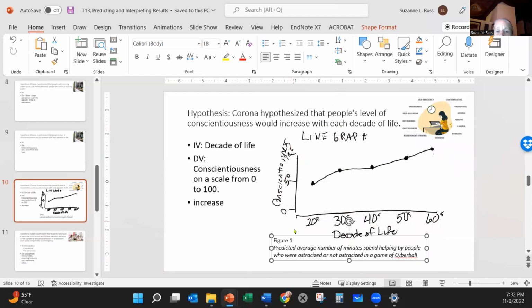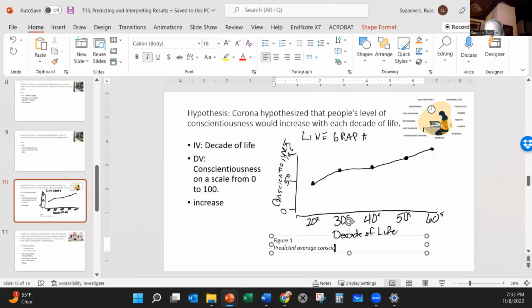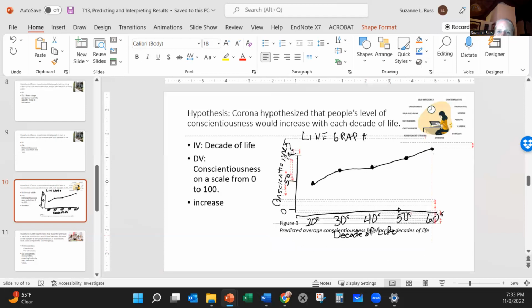And so we would have: predicted average conscientiousness level across decade of life. And this, of course, would actually go up on top. It's just going to compete a little bit with those words.